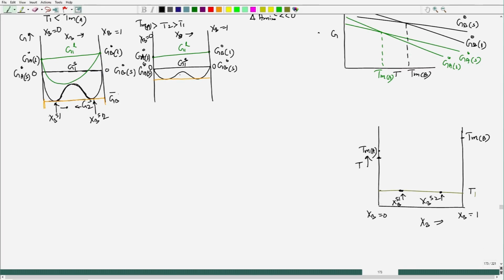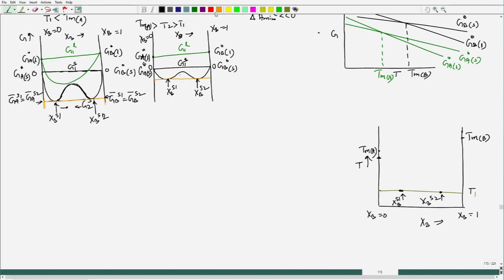This is G b bar for S1 equal to G b bar for S2. Similarly, for this point, G a bar of S1 equal to G a bar of S2. Fine, it happens that way. So, this is a common tangent, with these two compositions x b S1, x b S2.